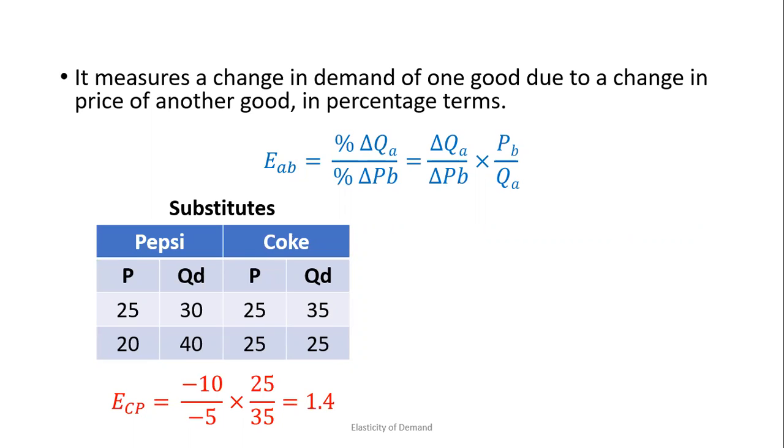Therefore, the demand for Coke was affected and in fact it decreased because of the change in price of Pepsi. If we measure this impact, this is the cross elasticity measured in this example.